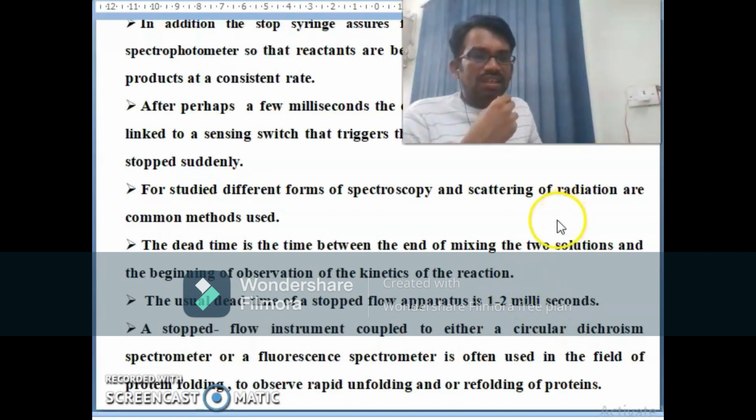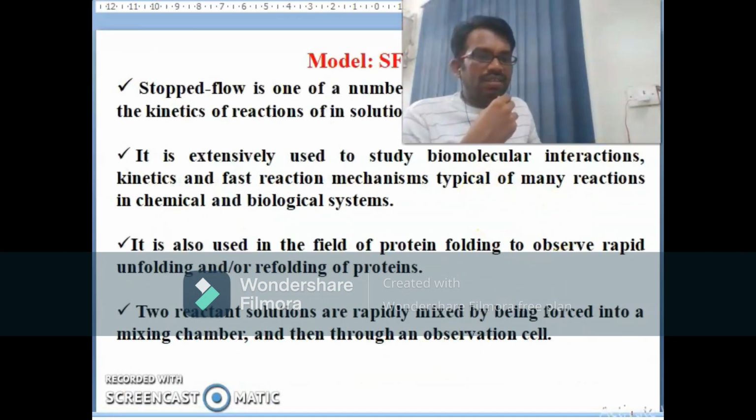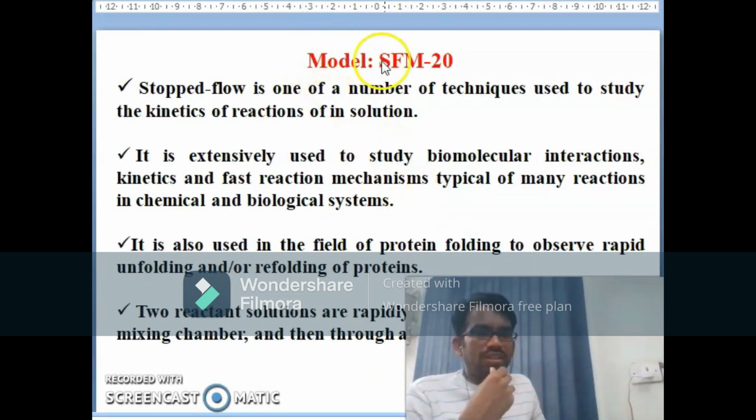Recently, there is one model instrument we will discuss for more understanding: the SFM20 model. Most people use this for stopped-flow techniques.